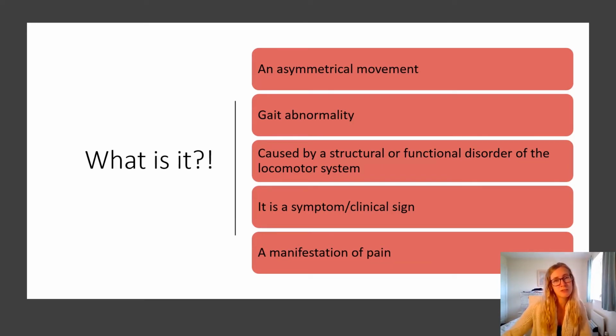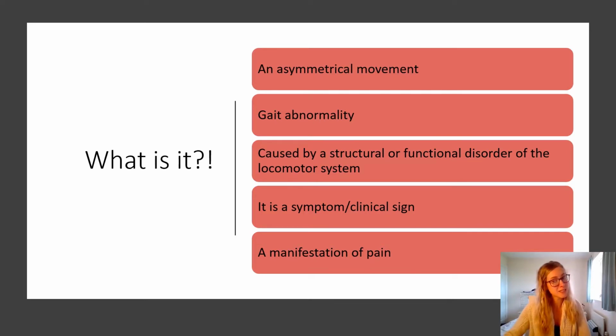There's lots of different definitions of it, but essentially it's an abnormality in what we would consider normal movement, okay? So it could be movement with a limp, but it's a symptom or a clinical sign. Equine lameness has been defined as an alteration in the animal's normal stance and or mode of progression caused by pain or mechanical dysfunction.